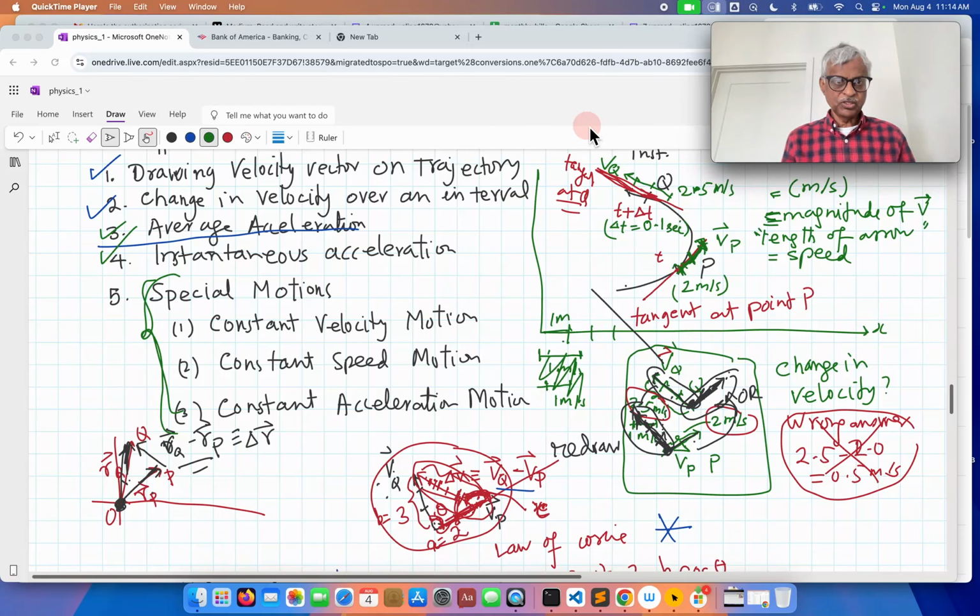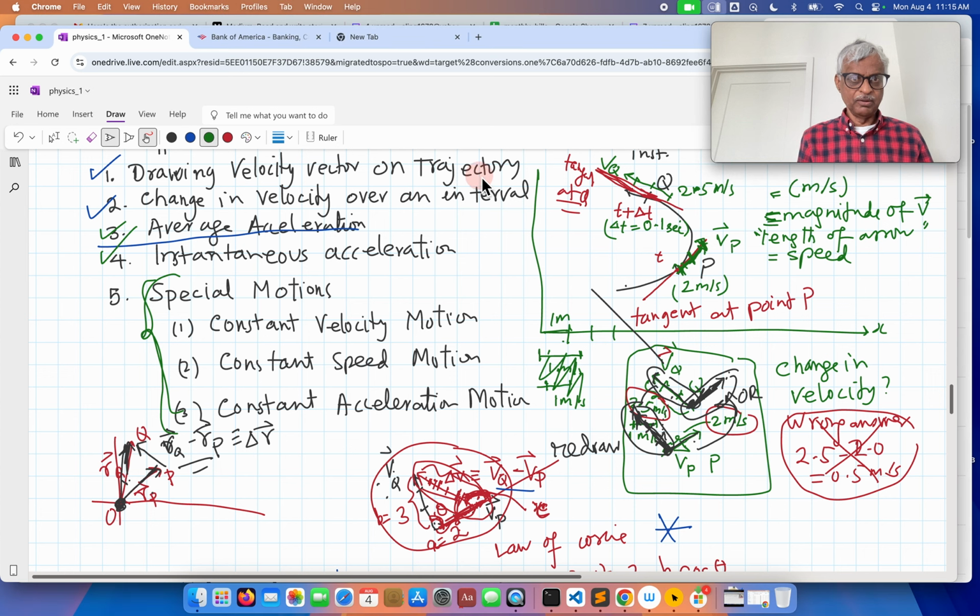Okay, so in the last video in this series, we talked about velocity, deriving velocity on a trajectory. Then we changed the velocity, and from there we got the instantaneous acceleration.